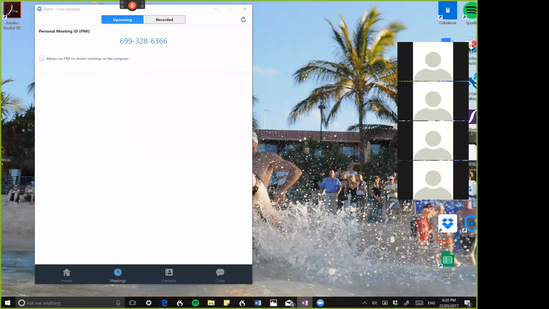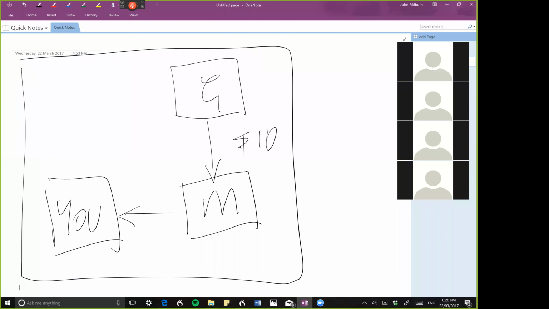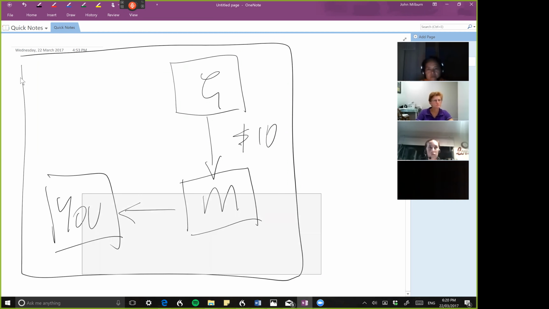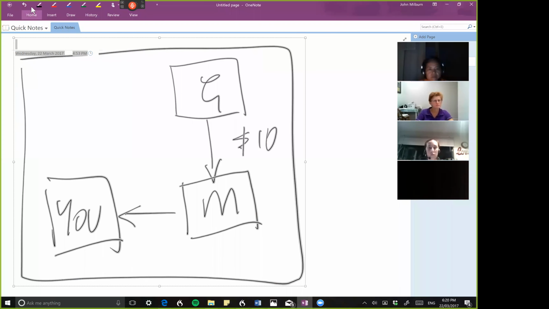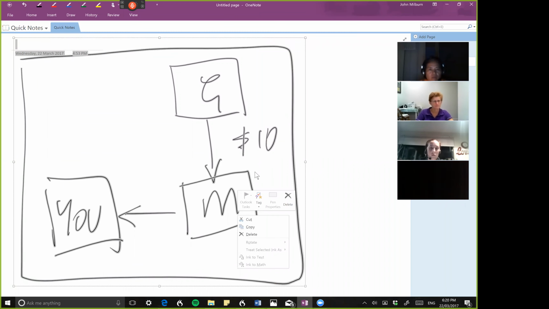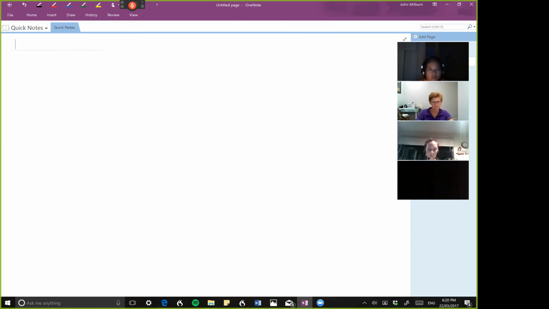Probably no. Now we can? That's good? Okay. Now, I did a test run of this and I nailed it. I had it all organised, but who's good at OneNote? Because I'm only just starting this. I'll delete that. Very good.